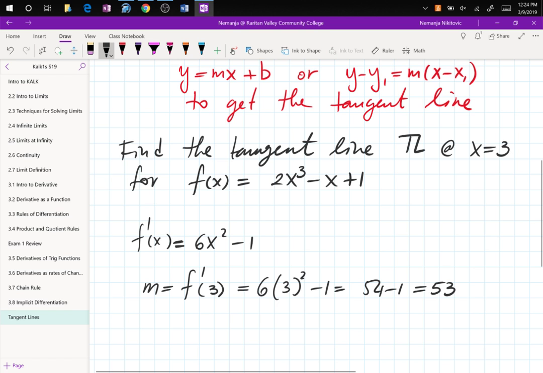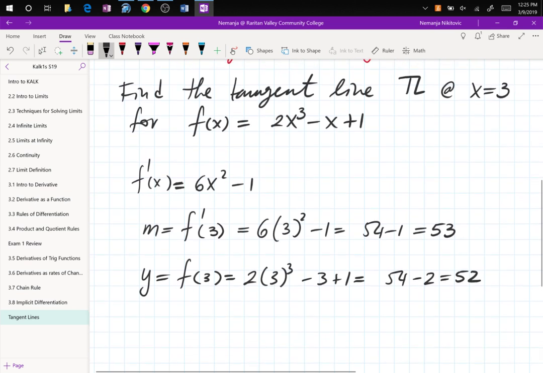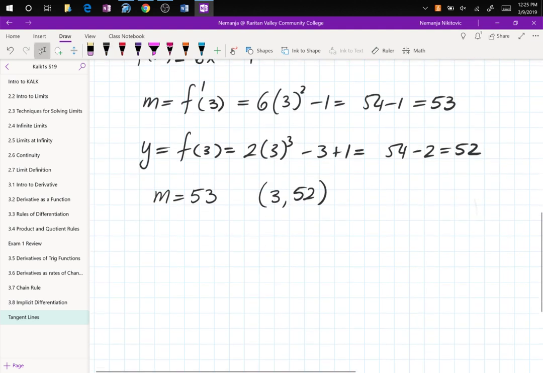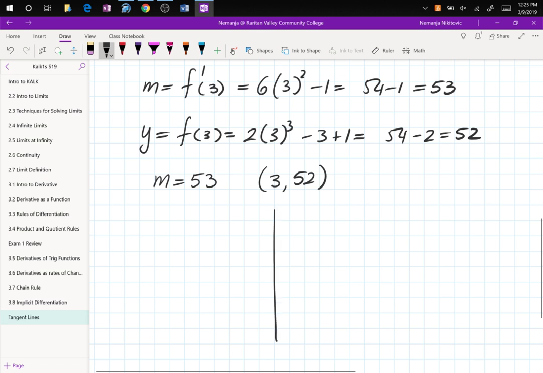We do not have the y value yet, so we have to calculate that, but y is simply f of 3. So that's going to be 2 times 3 cubed minus 3 plus 1, which is 54 minus 2, 52. And now I have information on the line. M is 53 and the point is 3, 52. You can use either y equal mx plus b or the other formula. I'll do both, and then you pick whatever you like better.